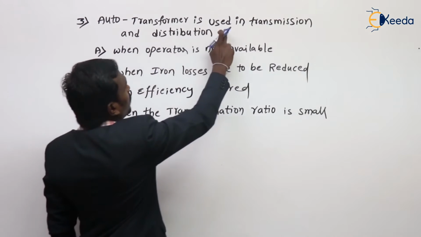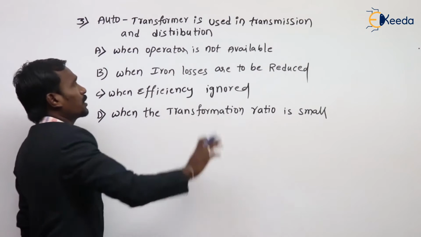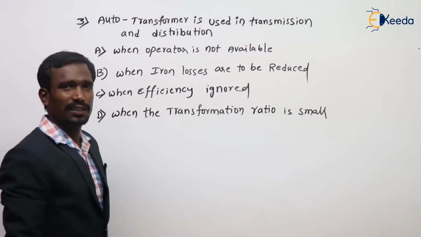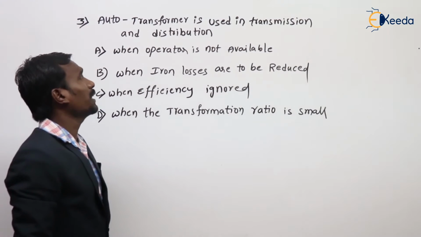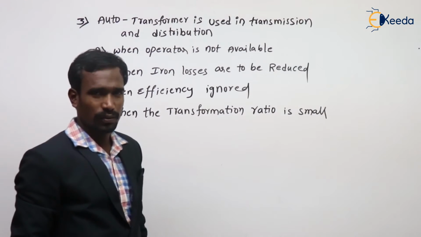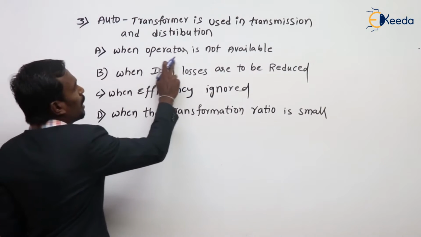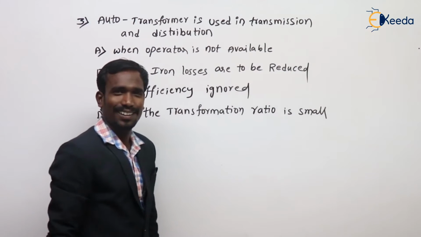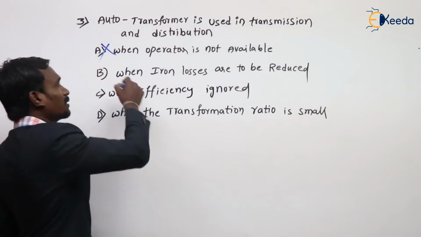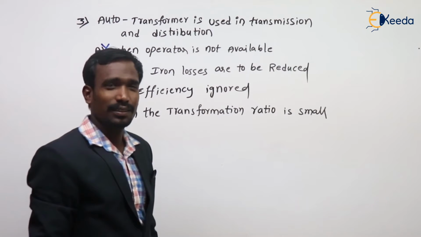An auto transformer is used in transmission and distribution. Which of the following is the correct answer? When do we use an auto transformer in transmission and distribution? First one: when an operator is not available. Is this the correct answer? No sir, even for an auto transformer we need an operator.